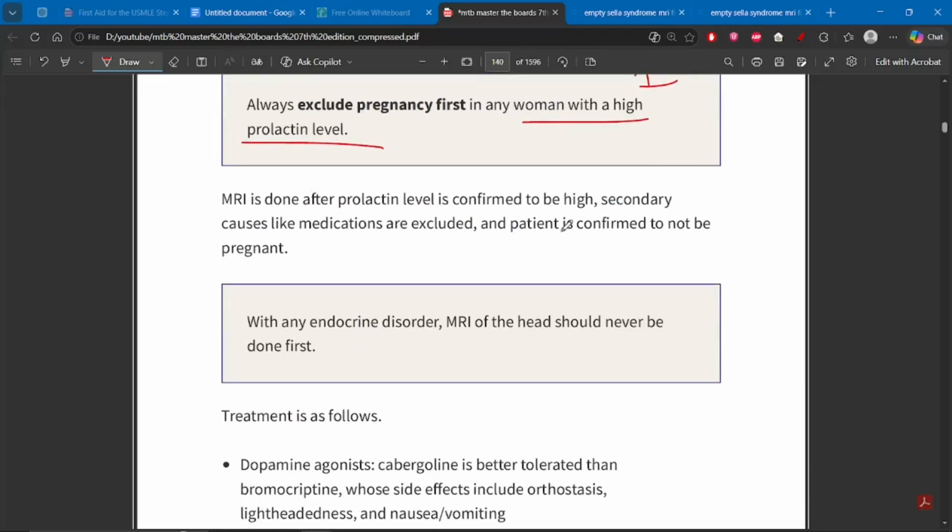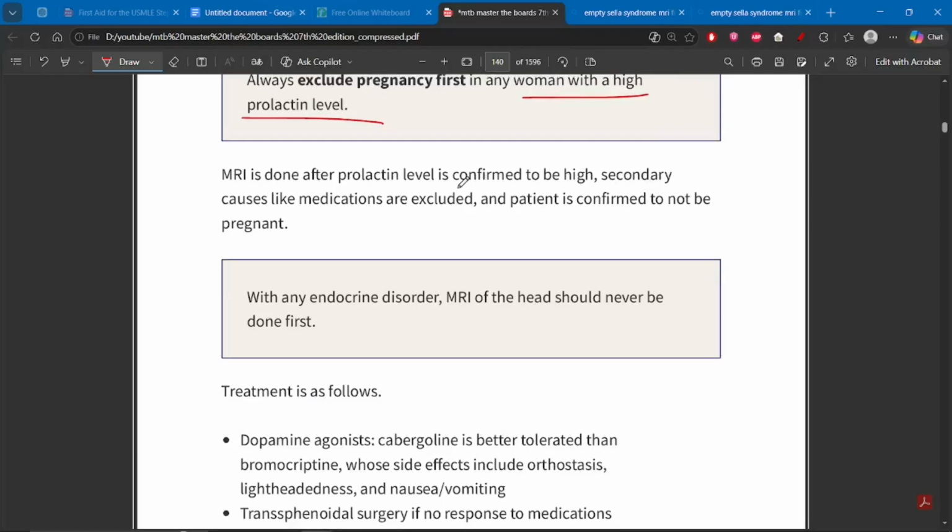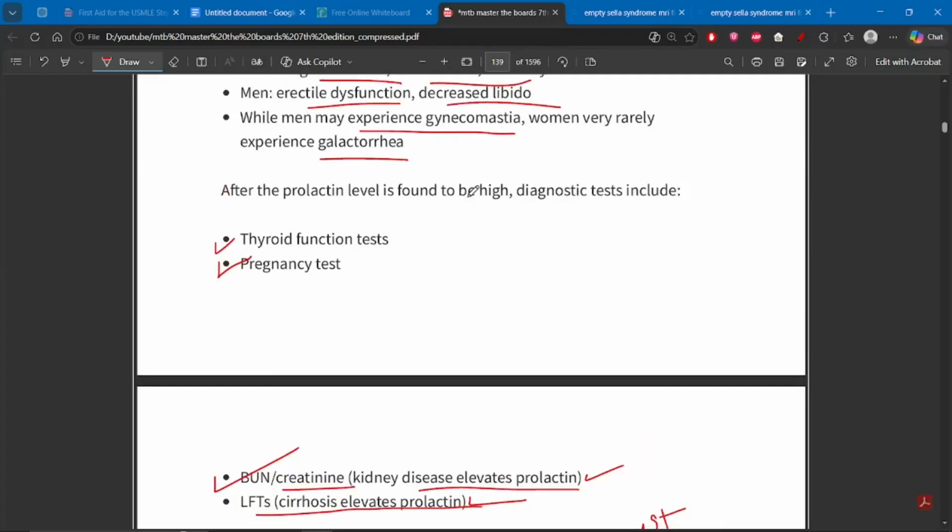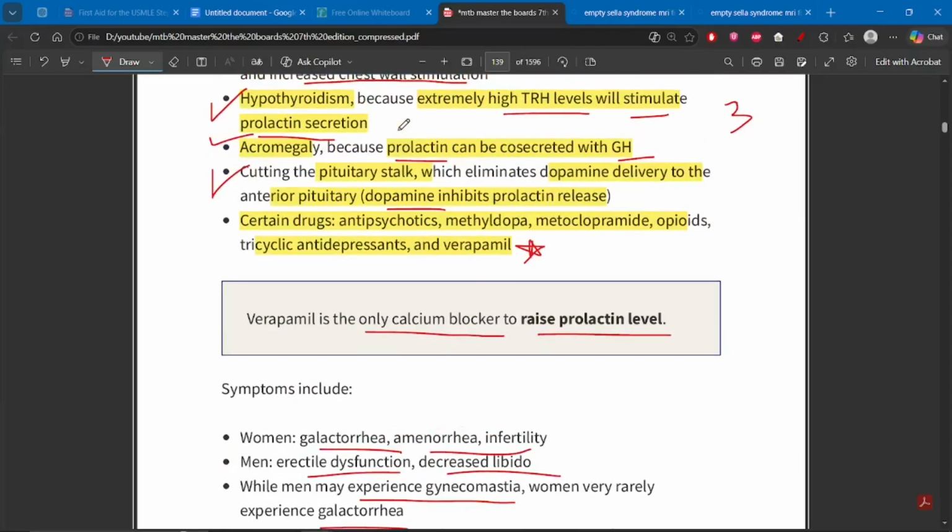MRI is done after the prolactin level is confirmed to be high. After it is confirmed to be high, secondary causes like medications are excluded and the patient is confirmed not to be pregnant. So only after doing these three things will you do MRI. First, confirm that the prolactin level is high, and second, confirm that all the medications are excluded: antipsychotics, methyldopa, metoclopramide, opioids, TCAs, verapamil.